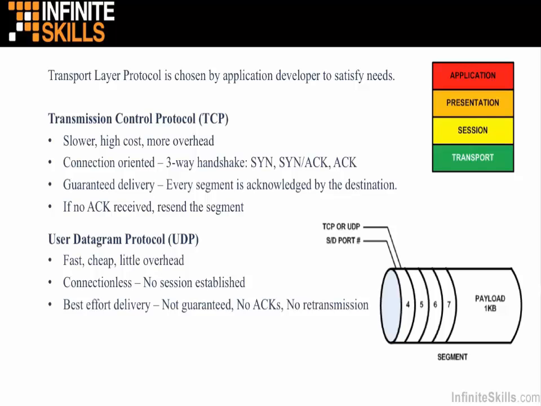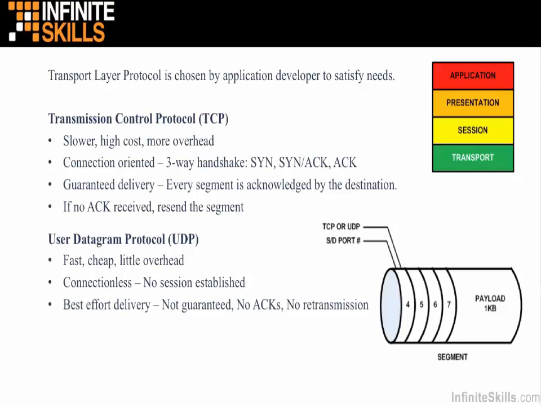This way the sender knows that it got delivered. Now, if a segment goes without an acknowledgement being returned, the sender assumes that the segment got lost and will simply retransmit that segment back to the recipient. So this is the guaranteed delivery of TCP.